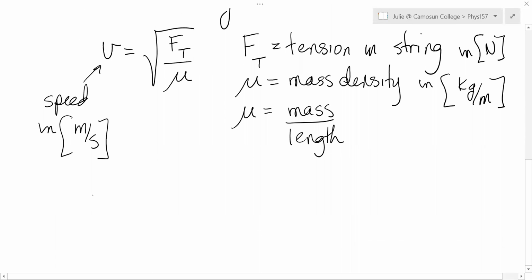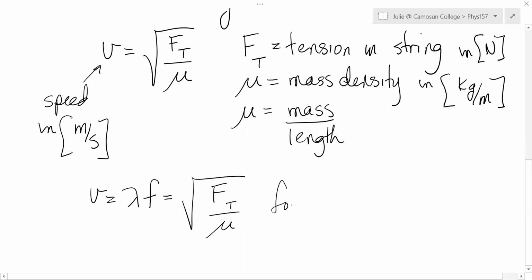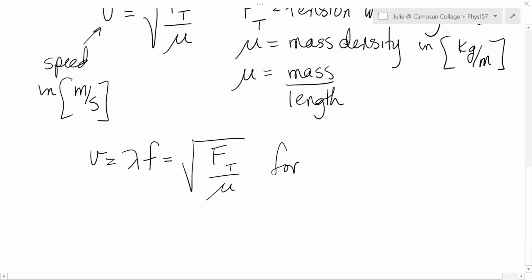And so that does equal, this v equals λf. It's the same v if it's on a string. So those are equal to each other for a string only, not a water wave or a light wave or sound wave. This is only for a string. And that's what we're going to consider in this chapter.